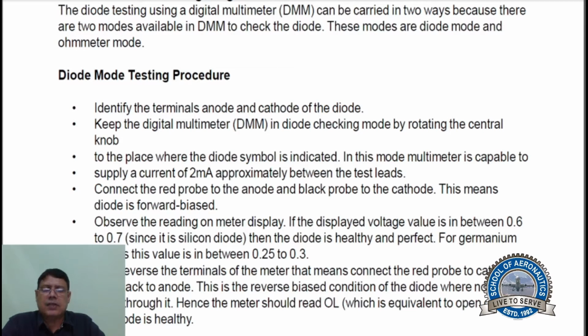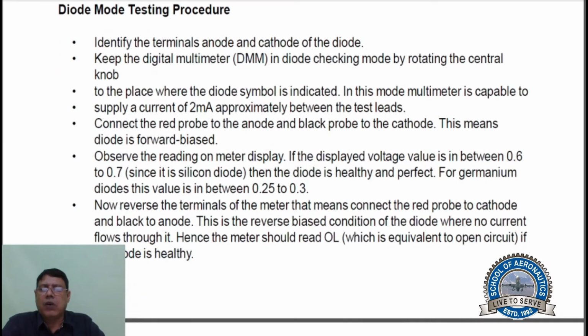If the displayed voltage value is between 0.6 volt to 0.7 volt, then it is a silicon diode, and the diode is healthy and perfect. For a germanium diode, this value is between 0.25 to 0.3 volt. Now reverse the terminals of the meter, that means connect the red probe to cathode and black to anode.